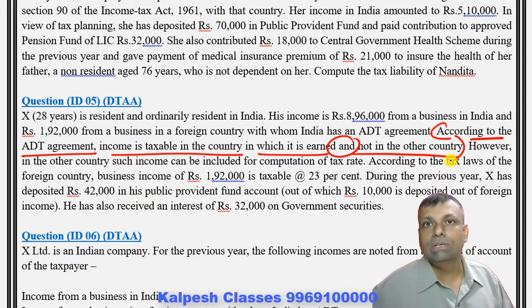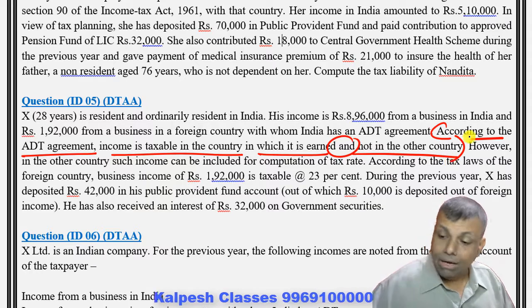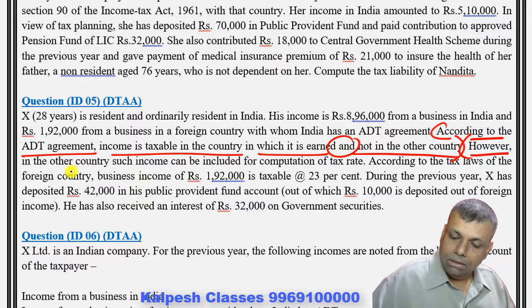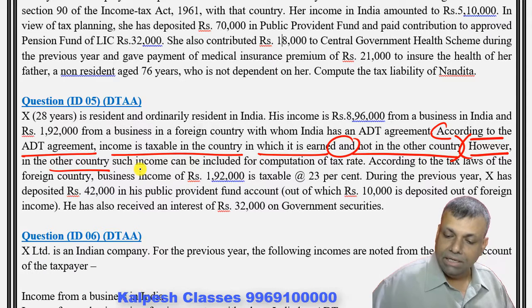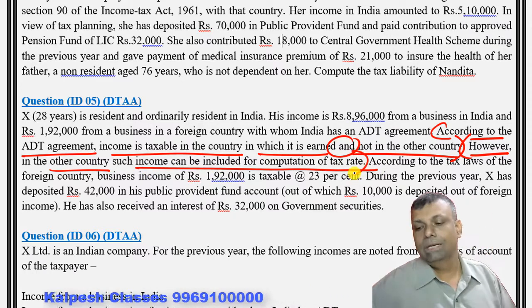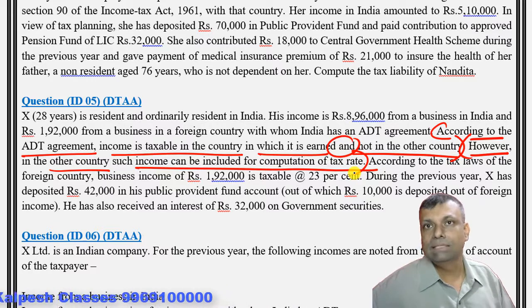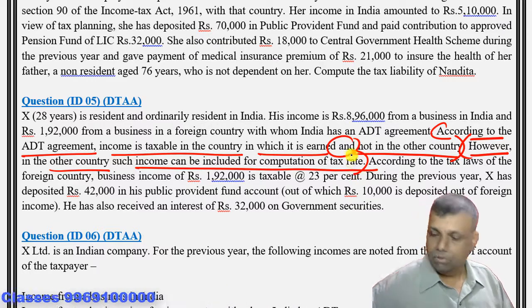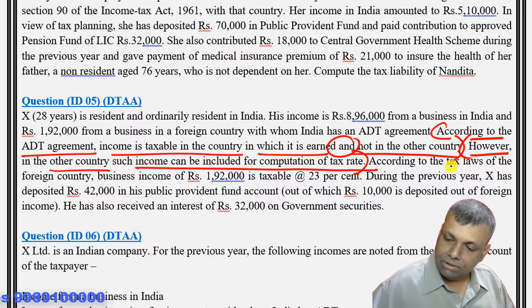That means it is not taxable in India. However, in the other country, that means India, such income can be included for the computation of the tax rate. So I'll be including it for the tax rate purpose.